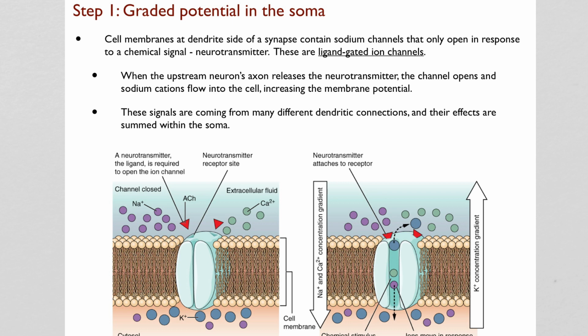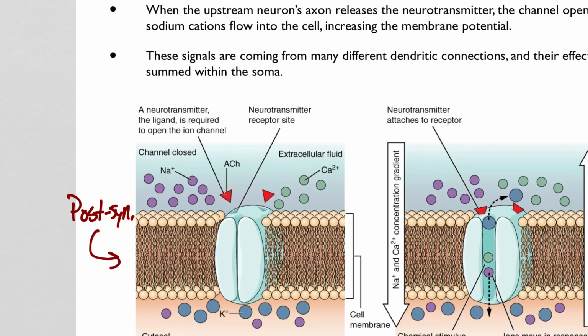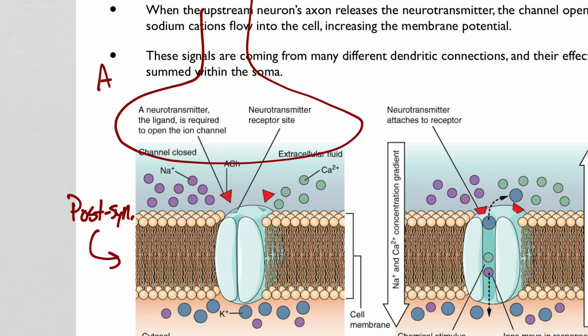So in principle, all we really need to know is at a synapse, and this picture of a membrane, this membrane would be on the post-synaptic cell. So you could imagine that up here, where it's not being drawn, this would be the axon terminal of the presynaptic cell, right?